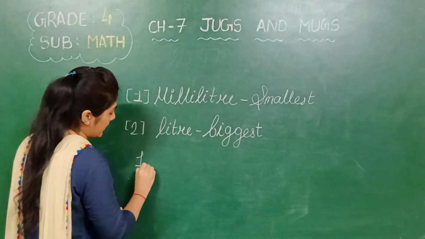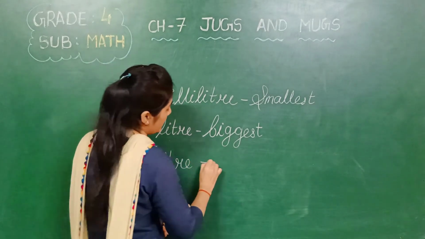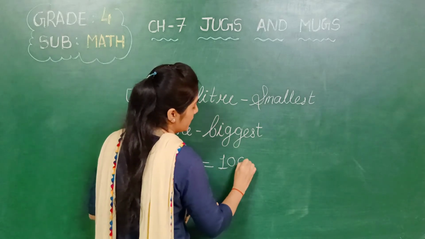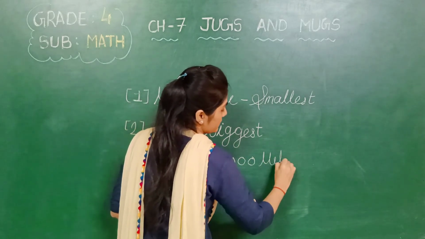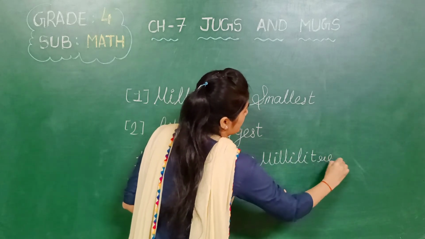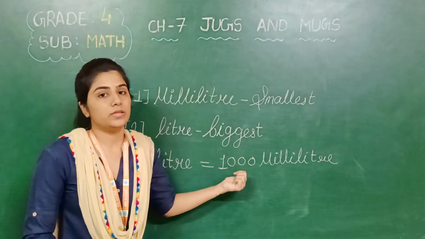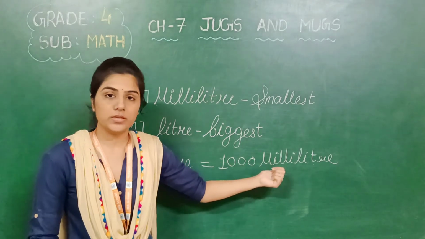So we can write that 1 liter is equal to 1000 milliliter. Means in 1 liter, how many milliliters are there? So 1000 milliliters are there.